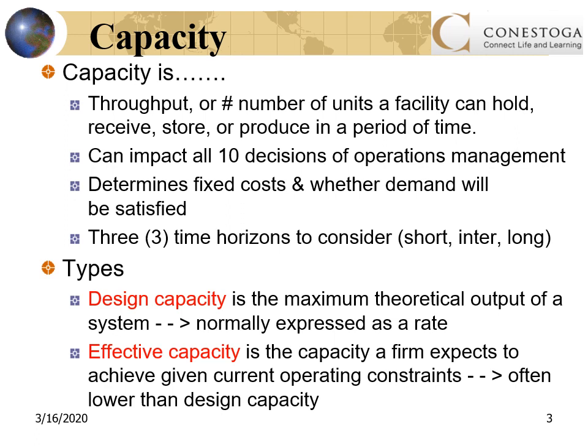Let's think of a warehouse. In the case of a warehouse, capacity refers to the number of items that can be kept inside that particular warehouse for a certain period of time. And capacity is extremely important because it impacts all the other 10 decisions of operations management.